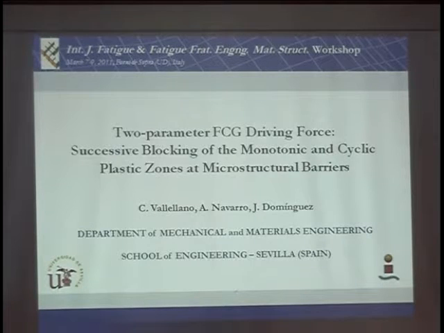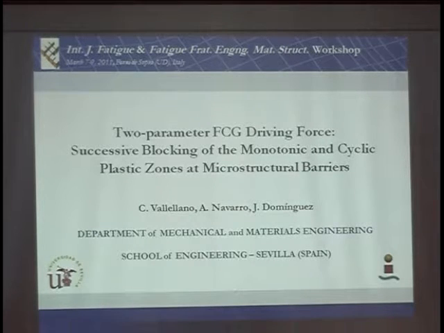We need to model the evolution of the static threshold and the cyclic threshold. And that evolution came from the Kitagawa-Takahashi diagram. Right? And assuming that evolution, we only need the two parameters for long cracks. And we have the whole range evolution of these two parameters in the range of small cracks.